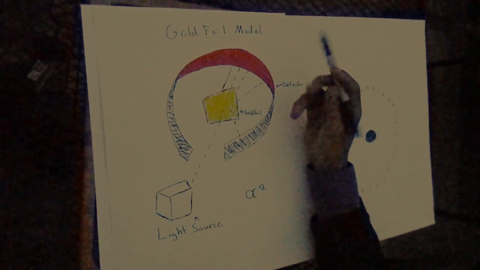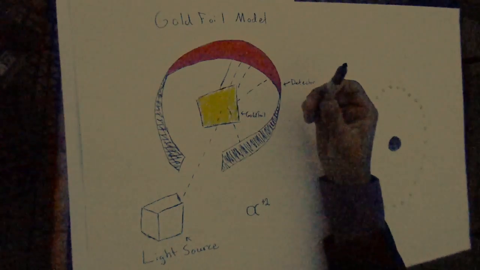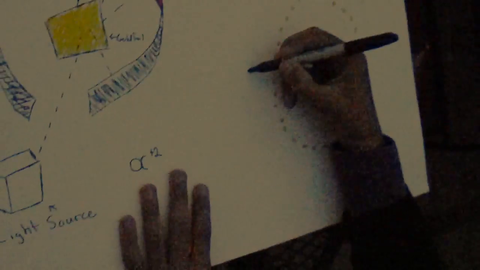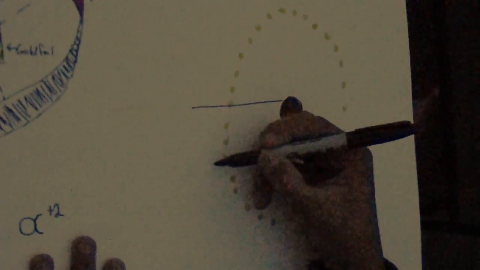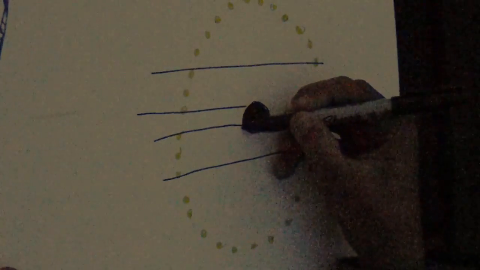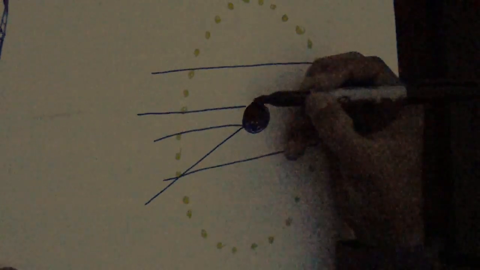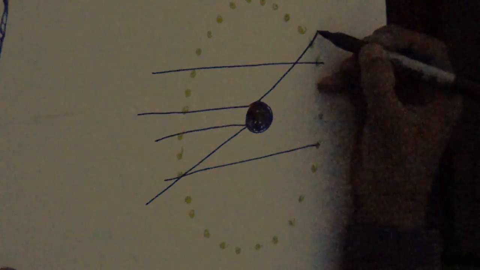Now, what happened in the experiment looked something a little bit like this. The alpha particles were shot out like so. Some were deflected back, and some were deflected off.